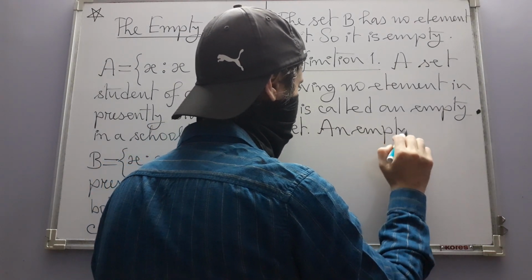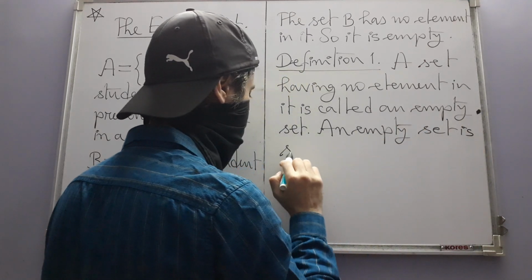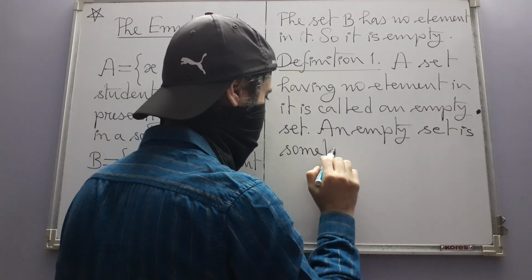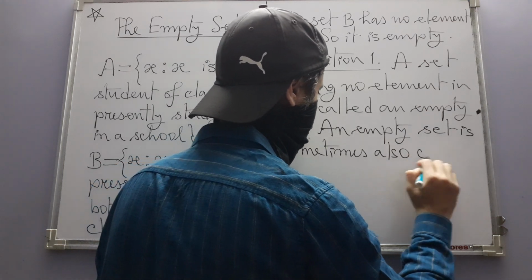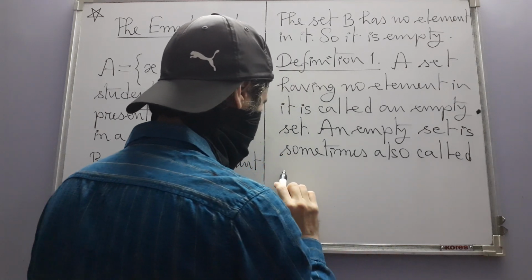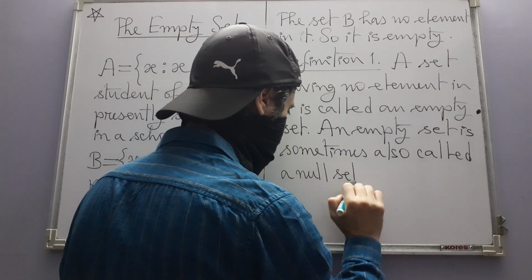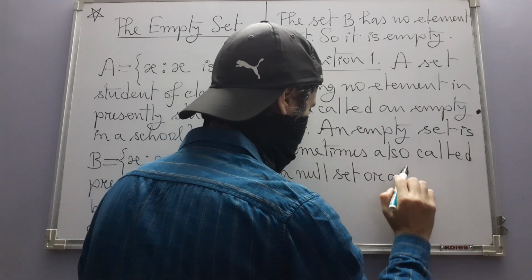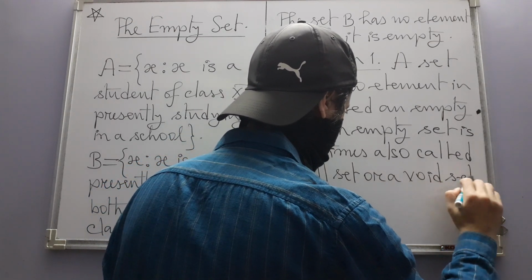An empty set is sometimes also called a null set or a void set.